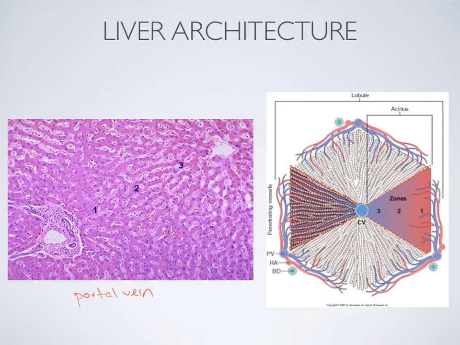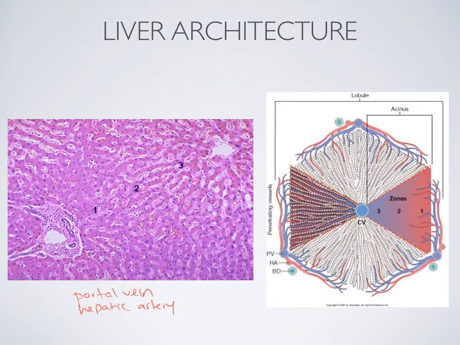Remember, the portal vein is carrying blood from the digestive tract into the liver. You have the hepatic artery, and the hepatic artery is bringing fresh blood from the abdominal aorta to oxygenate the hepatocytes.